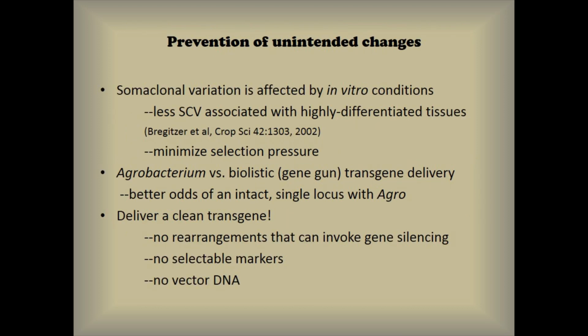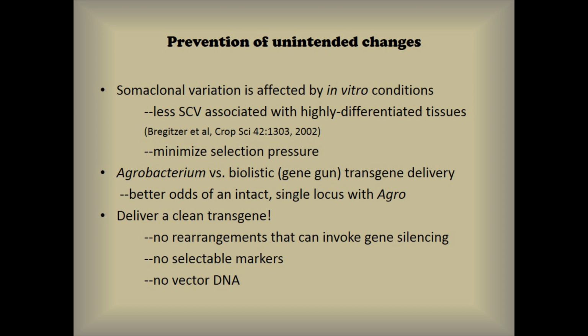So how can we prevent unintended changes? Well, I first talked to you about somaclonal variation as just something that goes along with tissue culture. This is true, but we've also found that we can moderate the somaclonal variation by our culture methodology. There's less somaclonal variation associated with highly differentiated meristematic tissues, we have discovered. So we use a particular auxin-cytokinin ratio in our culture media to drive our cultures towards this highly differentiated state.